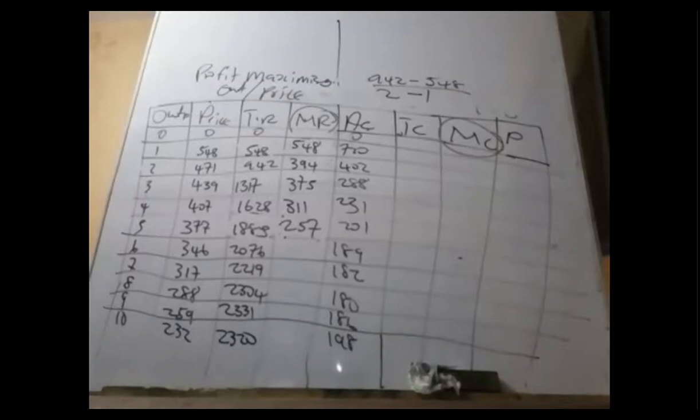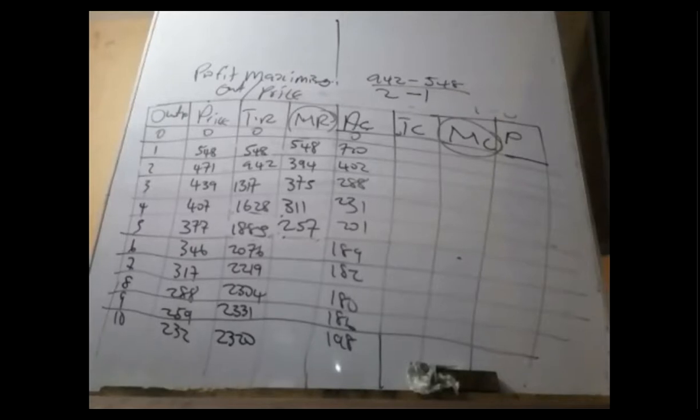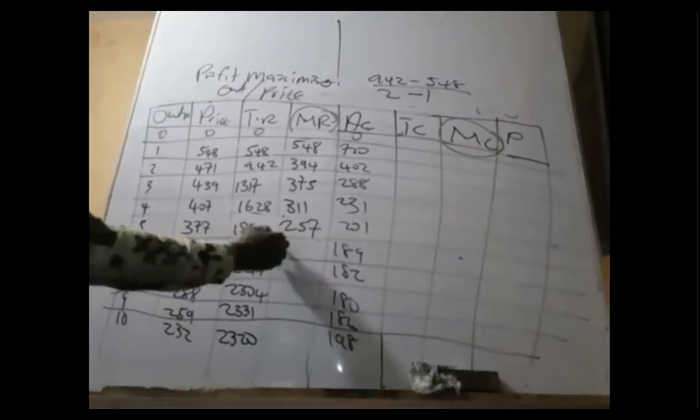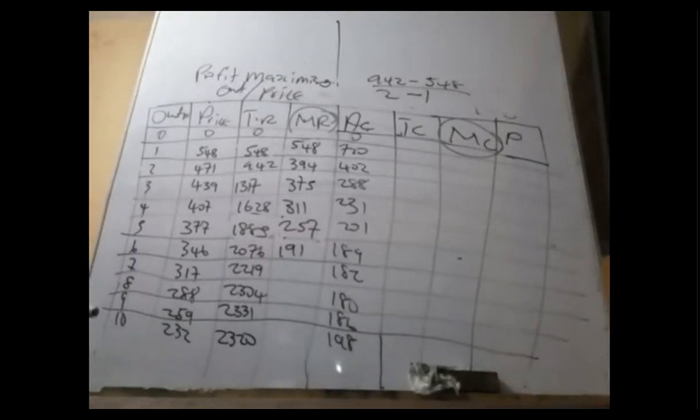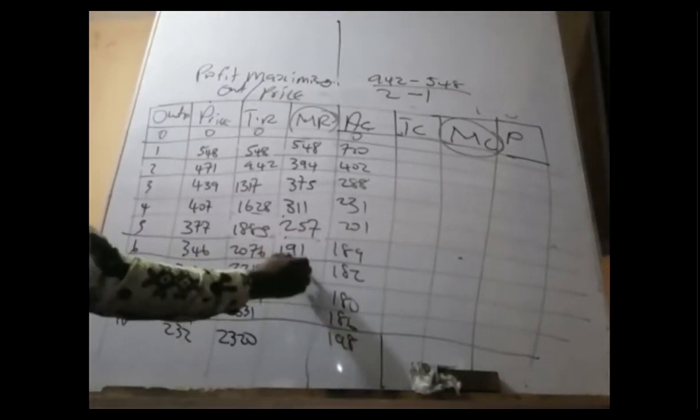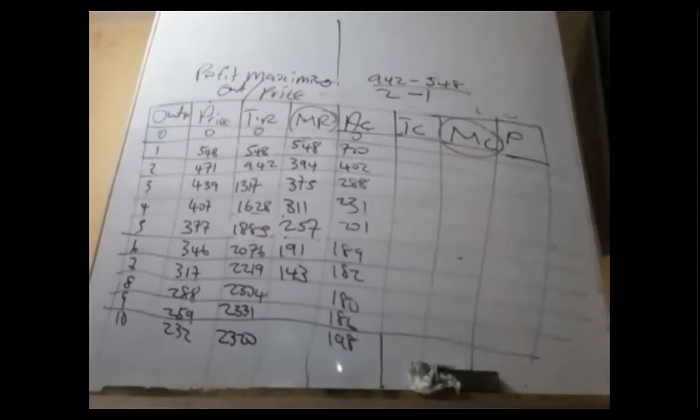Then the next one. You get something like 191. 143. Let me quickly finish up. 85.